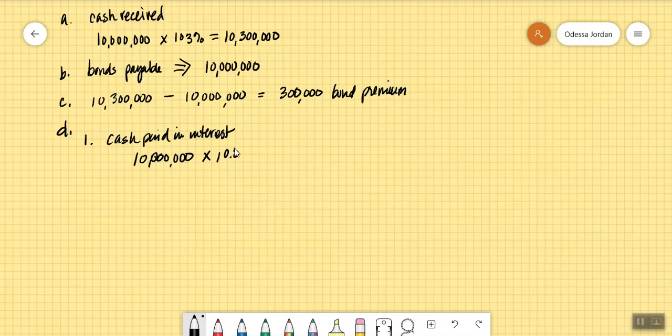So 10.5% times 6 over 12, or you could have just multiplied by 2, but 6 over 12. So that's 6 months over 12 months. And the reason why we have to do that is because we pay the interest twice a year, so every 6 months. Some would say we just multiply by 2, or divide by 2.